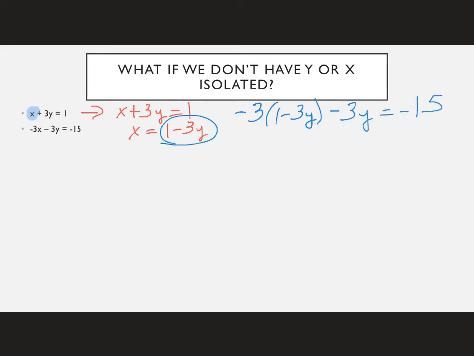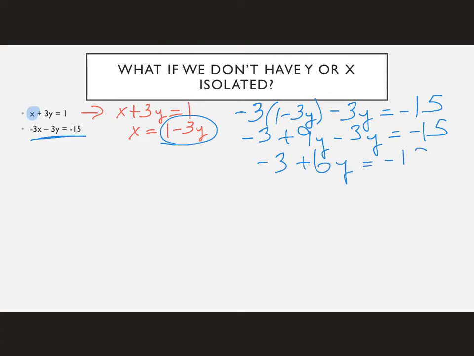Remember, I'm just copying this equation by replacing the x with 1 minus 3y. Next step is my distributive property. So I have negative 3 plus 9y minus 3y equals negative 15. I'm going to combine my like terms. So I have negative 3 plus 6y equals negative 15.